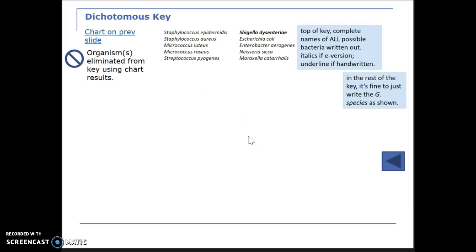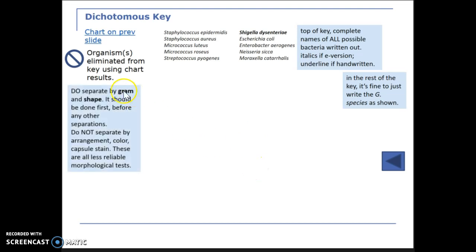The next step is that we usually separate things by morphology. Morphology is shape or appearance. And there are some do's and don'ts. In general, we do always separate by gram type and shape in our projects. There are exceptions to this.